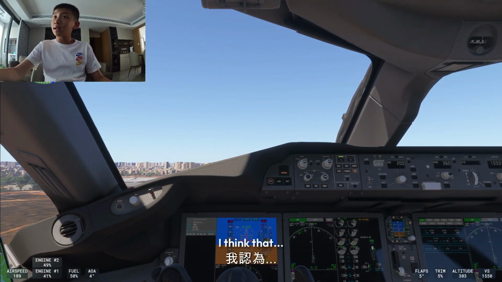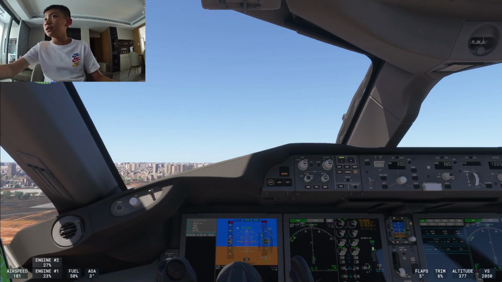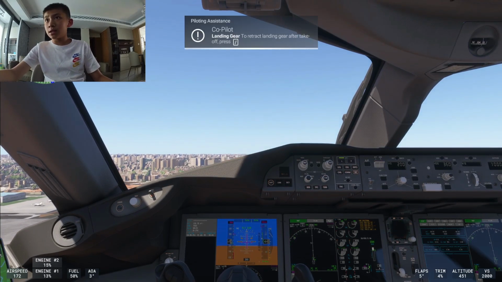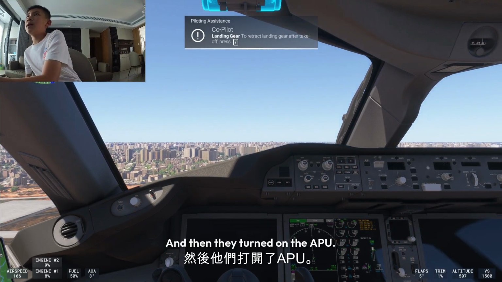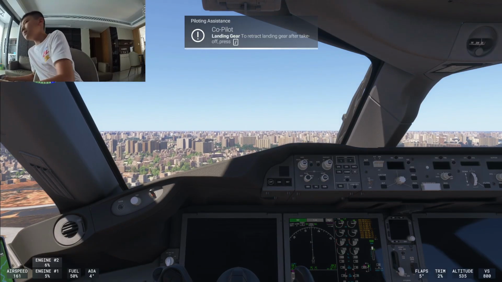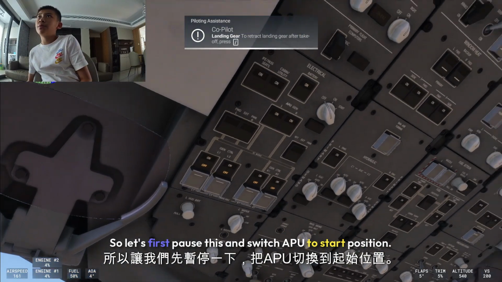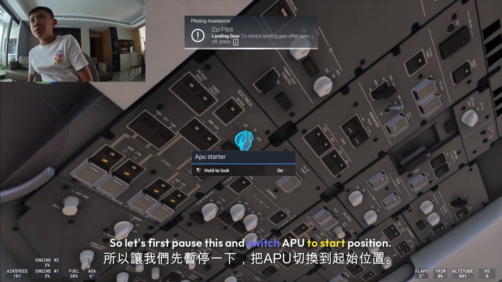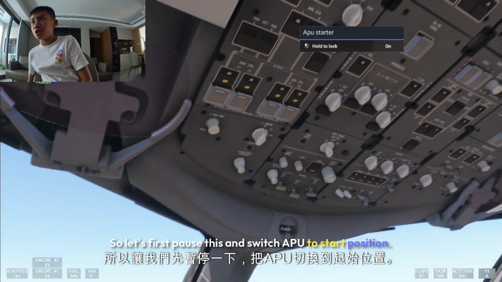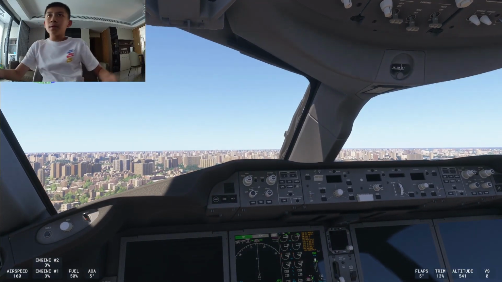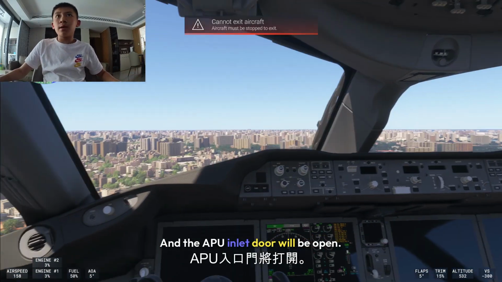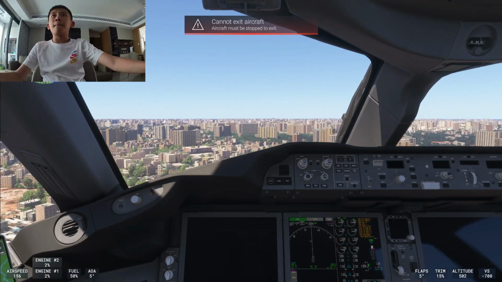And then they turned on the APU. So let's first pause this and switch the APU to start position. And the APU inlet door will be open.